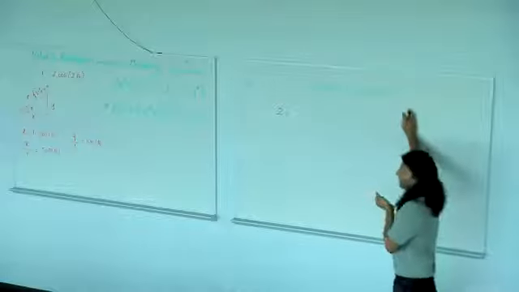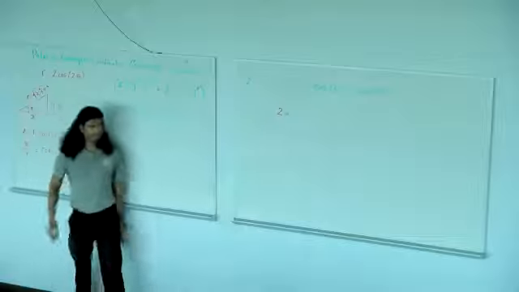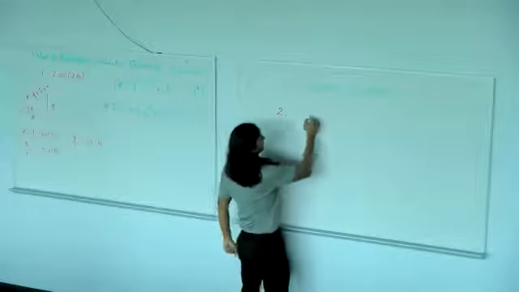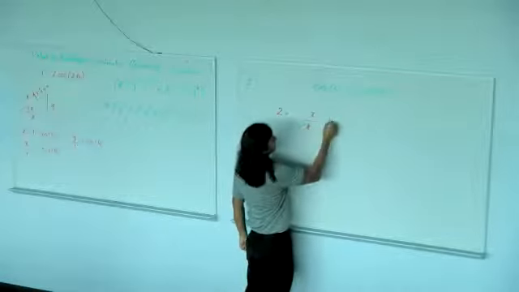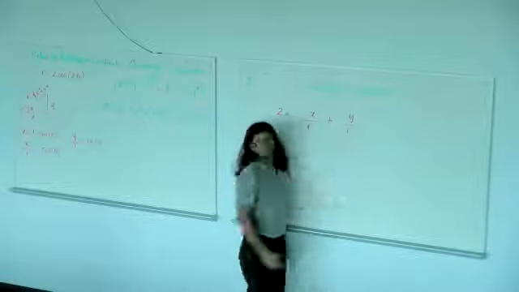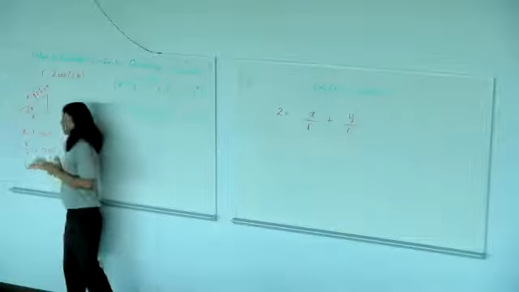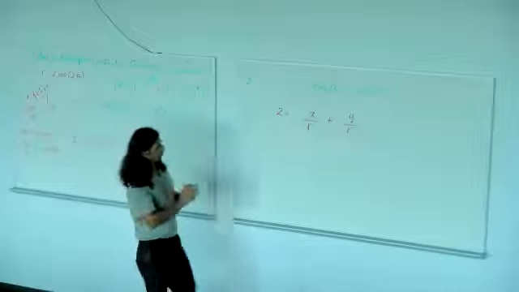Cosine theta, we know, is equal to x divided by r. Sine theta is y divided by r. Again, you get a good amount of fractions.